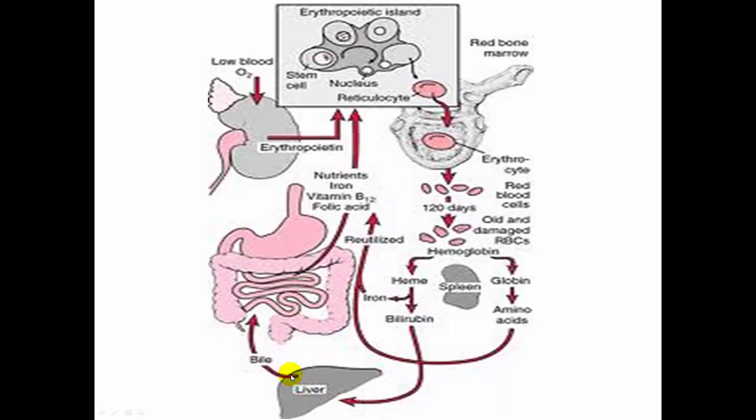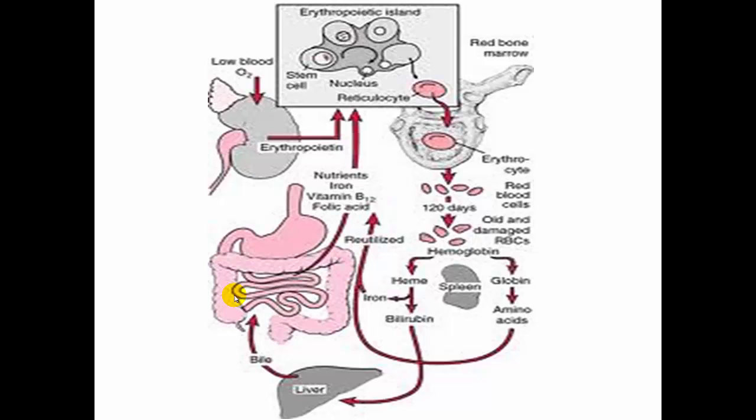So if the liver isn't working appropriately, then we get the bilirubin not broken down. Well, what happens to it? Well, it's sent then into the intestines, where it isn't excreted, and it's reabsorbed into the system.